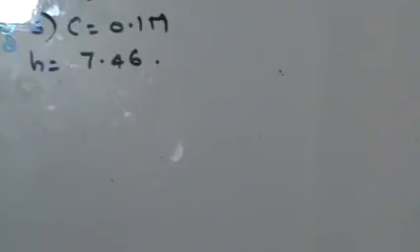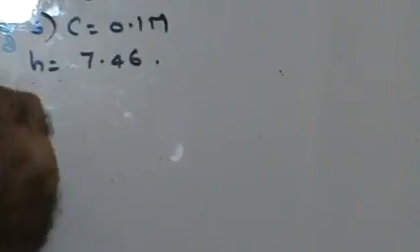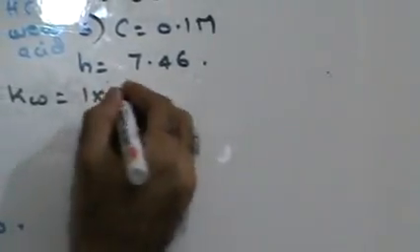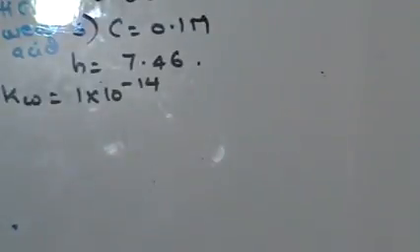Calculate the hydrolysis constant and dissociation constant of the base if Kw is 1 into 10 raised to minus 14.